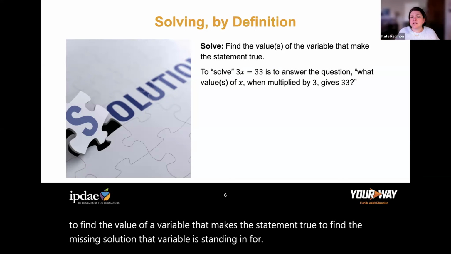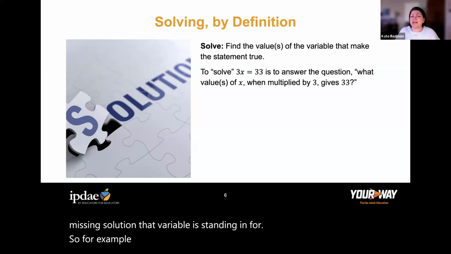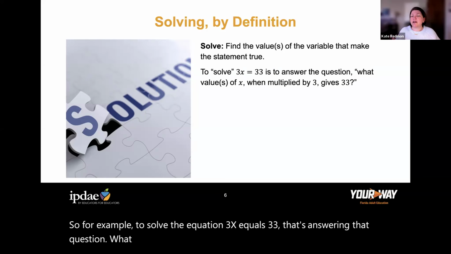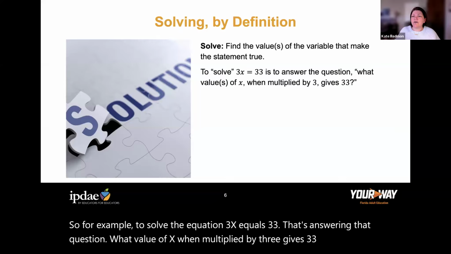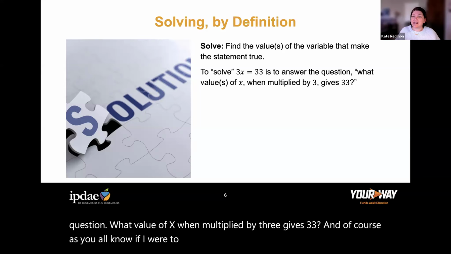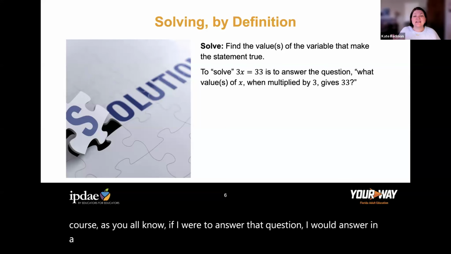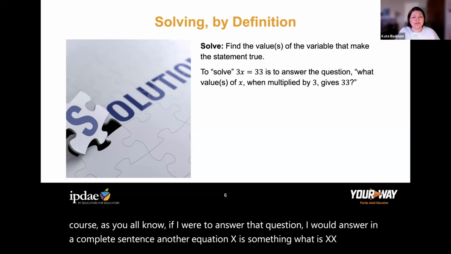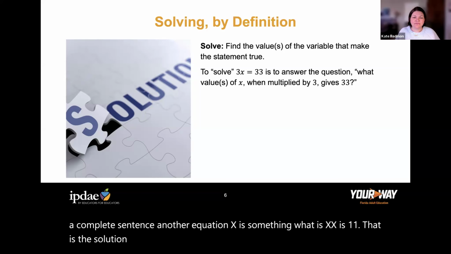So for example, to solve the equation 3x equals 33, that's answering the question, what value of x when multiplied by 3 gives 33? And of course, as you all know, I would answer in a complete sentence, another equation. X is something. What is x? X is 11. That is the solution. I have solved.